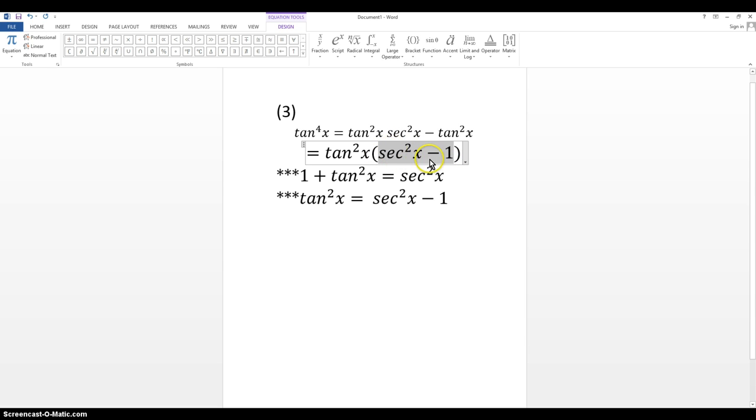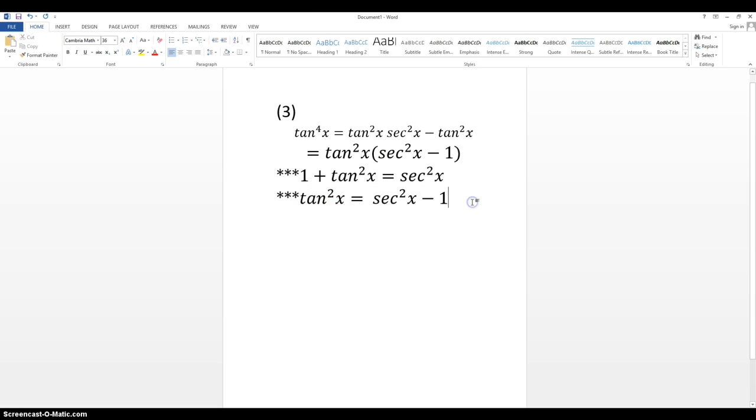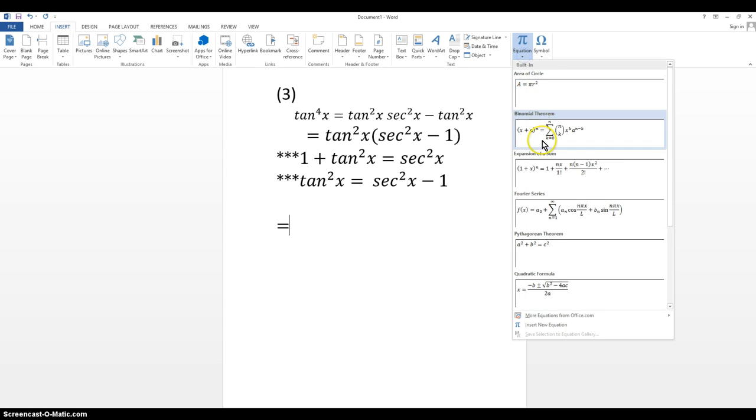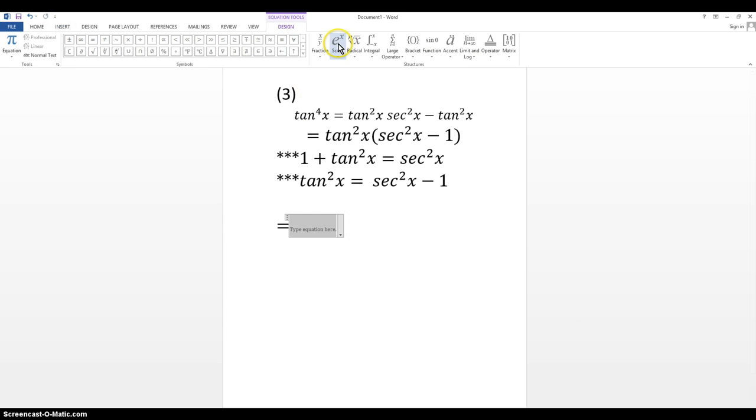Now I can substitute for what it's worth, and this is now worth what? Tangent squared of x. Alright, so therefore, my new part of this verification is going to read tangent squared of x, and then in parentheses this part right here is now tangent squared of x also.